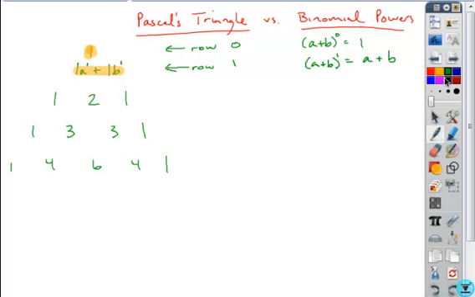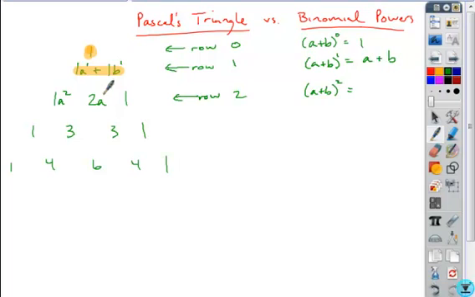Let's take a look at row 2, which coincides with a binomial square. If you look here, we have our coefficient pattern of 1, 2, 1. Again, we start with our first term to the power of whatever the row number is, so a squared, and then each consecutive term, as we move to the right, you reduce the power by 1.